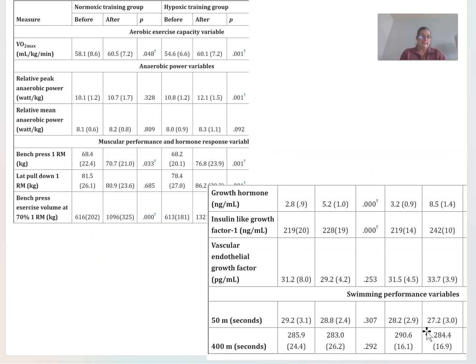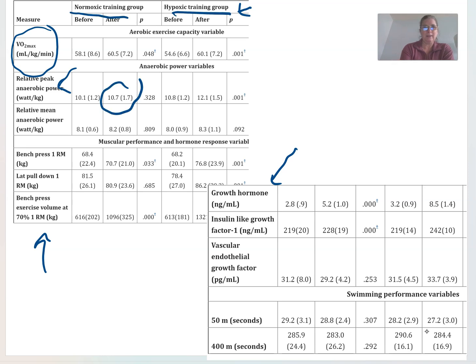And so one study showed, you can see hypoxic training group here. Your VO2 max is your aerobic ability, basically how fit you are. You can see your anaerobic power as well. And then they had them do some weight training and they looked at hormone release. There were some changes on the anaerobic power. Here's the normal and here's the hypoxic.